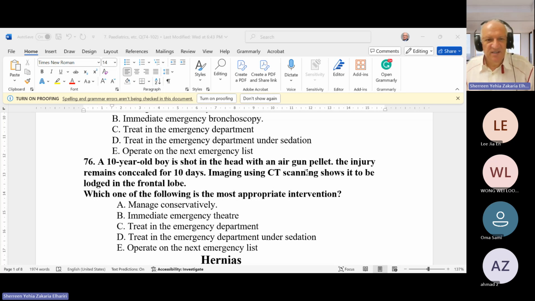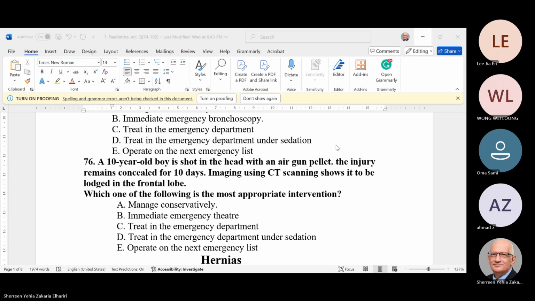Does anyone have an idea about this? What should you do? Operate on the next emergency list? No, actually, just manage conservatively, don't do anything. First, because the frontal lobe has no motor or sensory function.